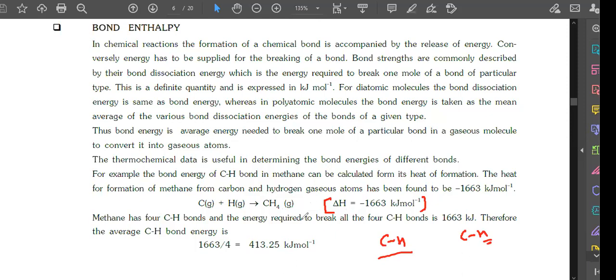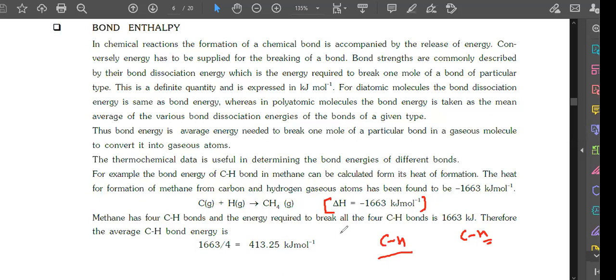So in order to break this 4 bond, you have to give this much energy. So in order to break 1 bond, you have to give this by 4 energy. And since I'm saying give, so it will be positive. Got it? Because in order to break a bond, you have to supply energy. Yes or no? In order to break a bond, you have to supply energy, right?